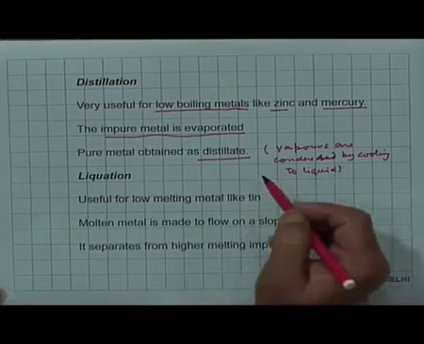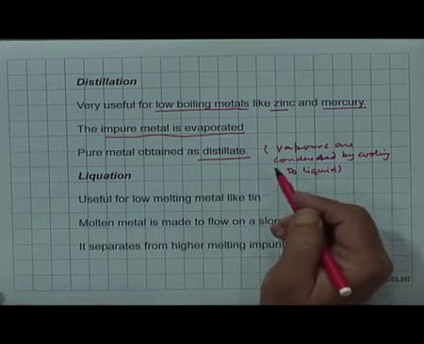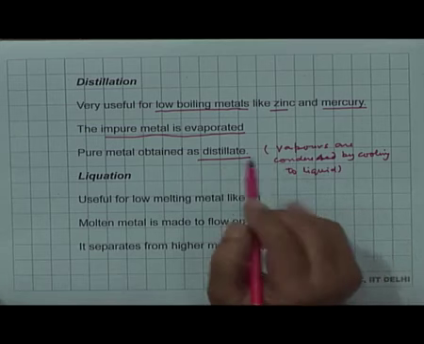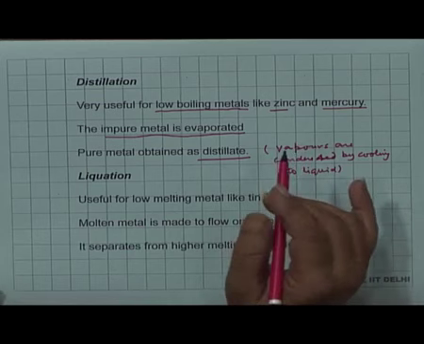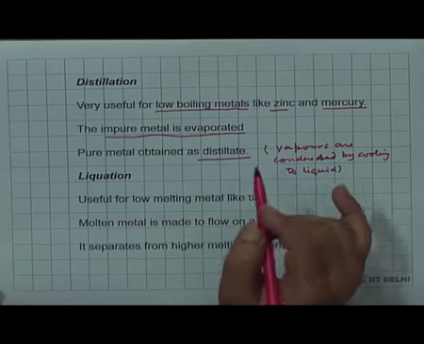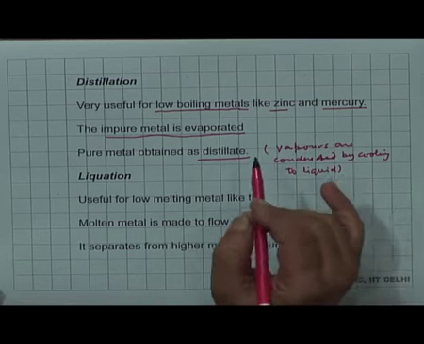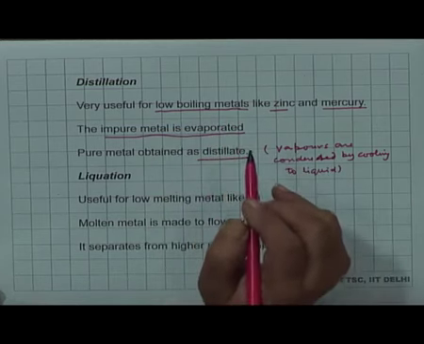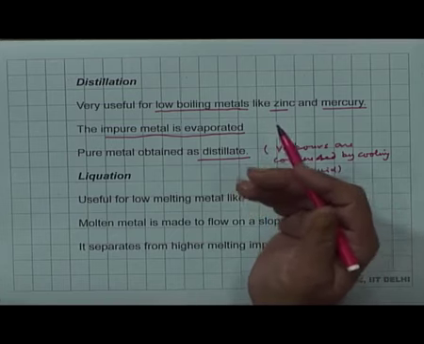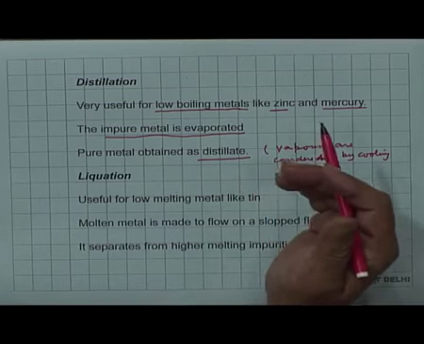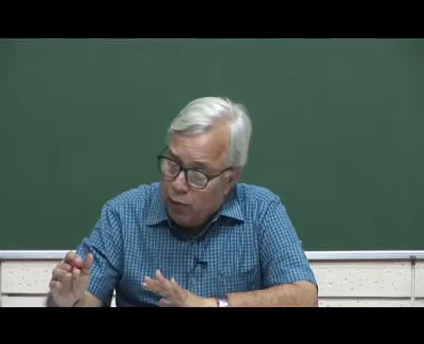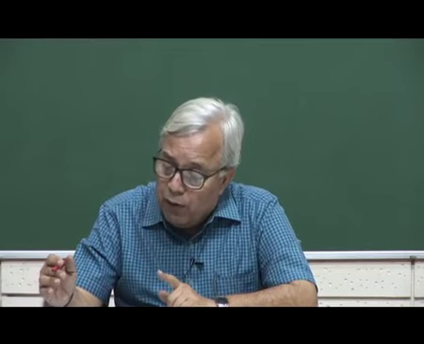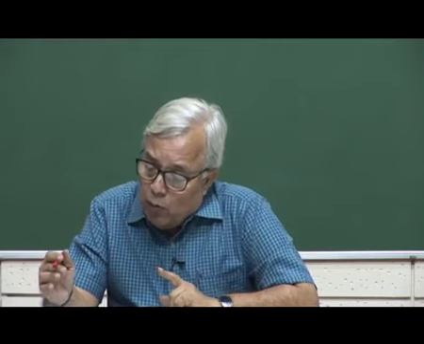We call that the liquid a distillate. So, for application of the distillation, the essential requirement is that low boiling point of the metal. So, it has a restricted application. It cannot be used for any kind of metal, but only for those which have low boiling points.